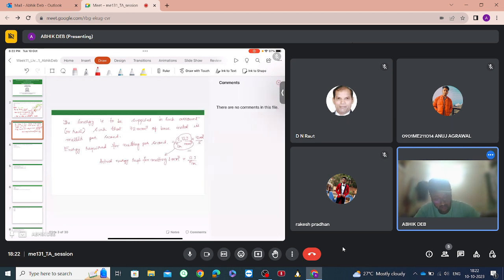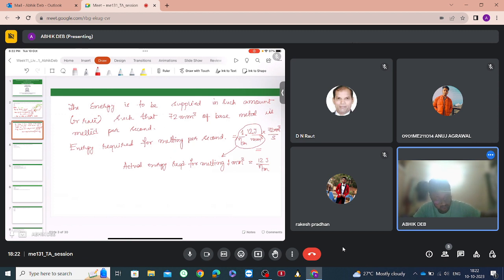Or just a minute, we can find this one first. Since this is the actual energy required for melting 1 mm cube, this is 12 by the melting efficiency joule, that is 12 by 0.8, that is 15 joule.